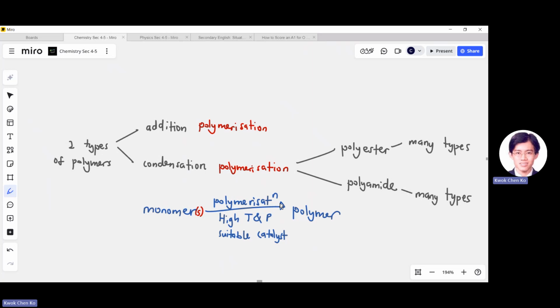I think I didn't mention this last time. You need to know this name. One of the well-known polyamides is called nylon. Just add this in. It comes up once in a while. This is a polyamide, nylon. Take note of this name.